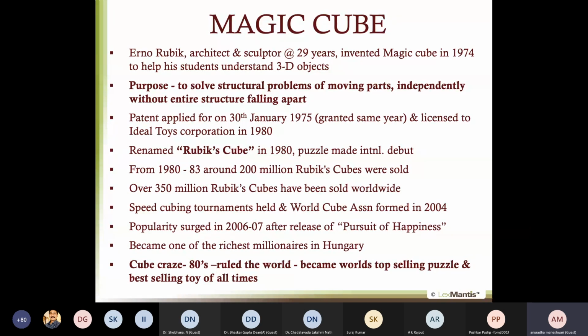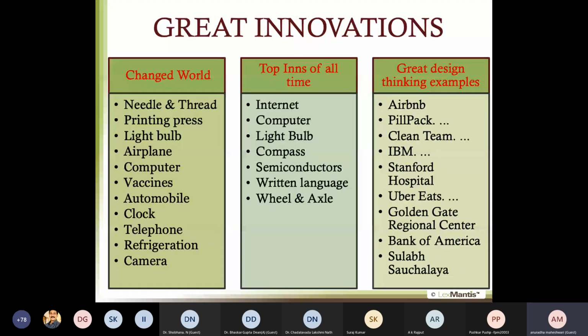So if there were no great inventions, the world would not have been what it is and what we are witnessing today. Simple situation, we are all in the midst of a pandemic, 2 years gone by, but we have all managed to communicate with one another, just like I'm doing just now, or others are doing. Life is going on with the help of technology and connecting over Zoom or Teams or whatever you choose as a platform to do so. So this is the beautiful aspect of technology. I'm taking you next to a slide which talks about the greatest innovations of all time.